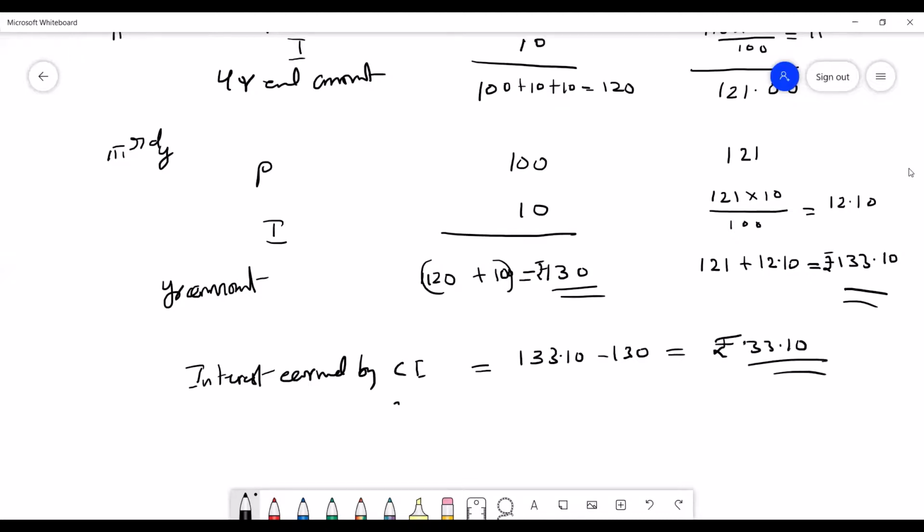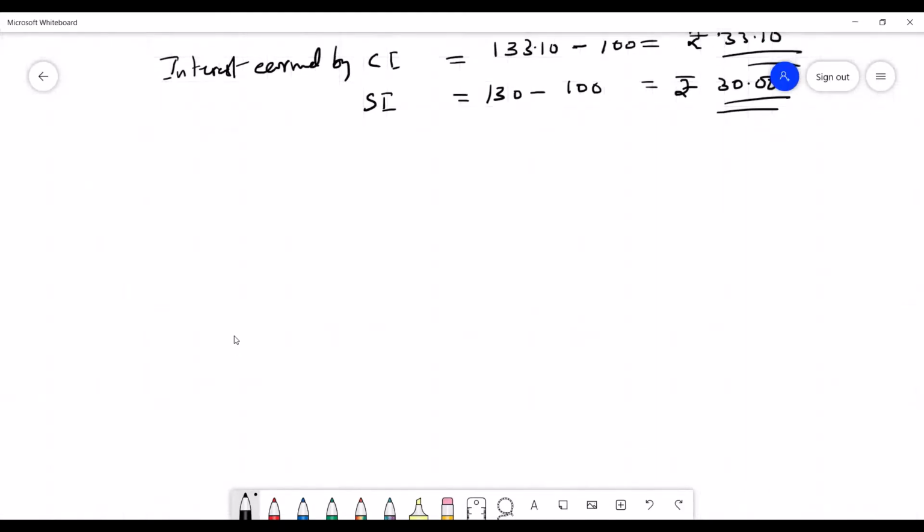And by simple interest method, he will be getting 130 minus 100. It means he is going to get only 30 rupees. So 3 rupees 10 paise extra he can earn by giving it in compound interest rather than simple interest.